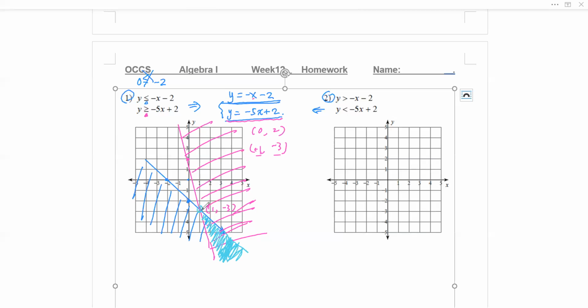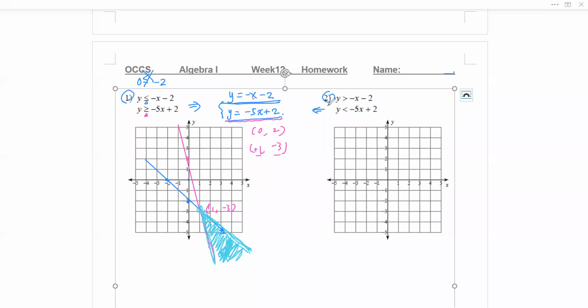Including this dot, and including both edges, right? So we have to use the eraser to erase this part. So actually this is the area we are looking for. Did you guys get the same?